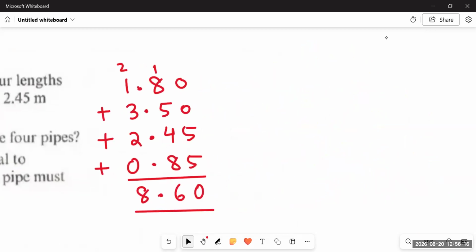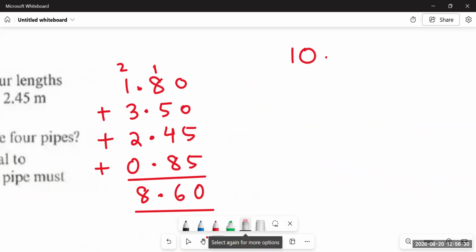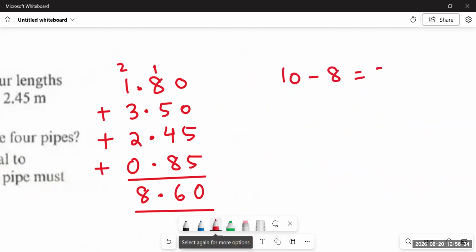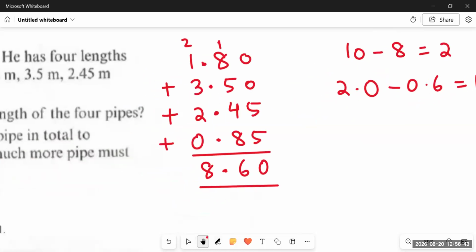So let's subtract 8.6 from 10, and we will come to know how much more pipe is needed. Let's do it using Jed's method. That is 10 minus 8, that is 2. Now 2.0 minus 0.6, that's 1.4. So he needs 1.4 meters more pipe.